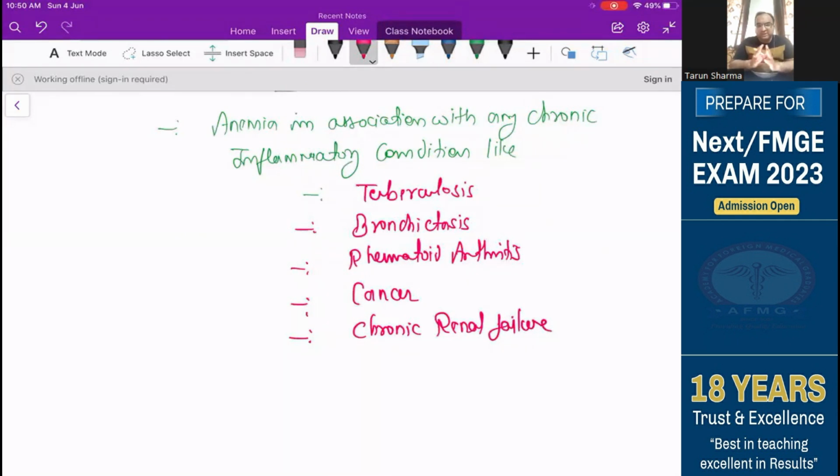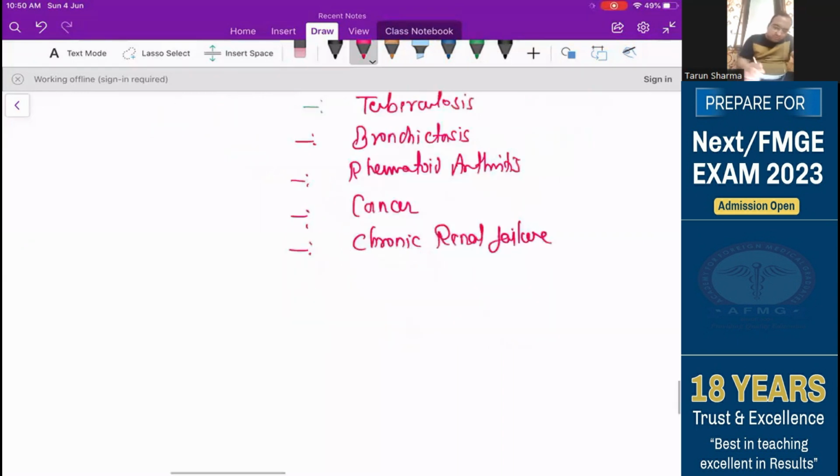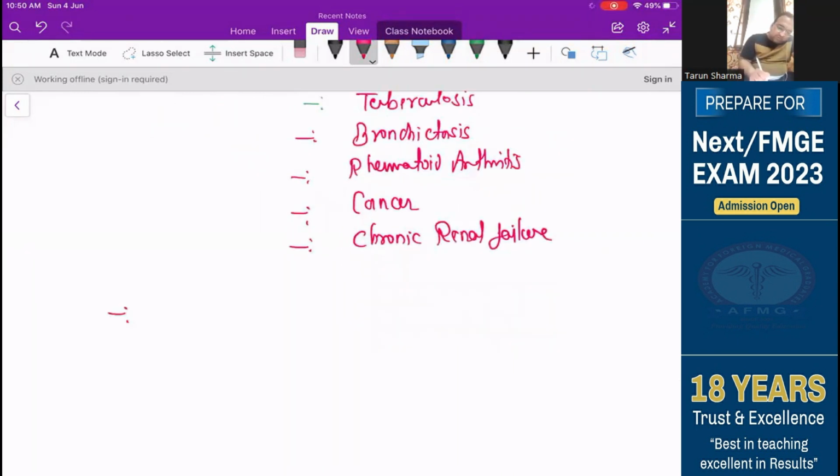So whenever any chronic inflammatory disease is there, cancers are there, chronic renal failure is there, and in those patients you see that anemia is also there, what kind of anemia is it? It is an anemia called anemia of chronic disease. Okay. So what will be the morphology? In these cases, you will see a normocytic, normochromic category.